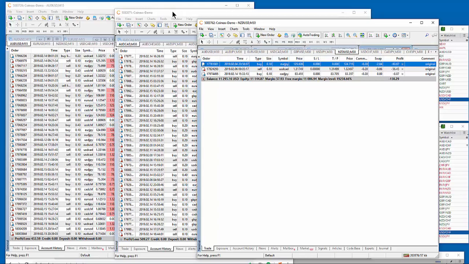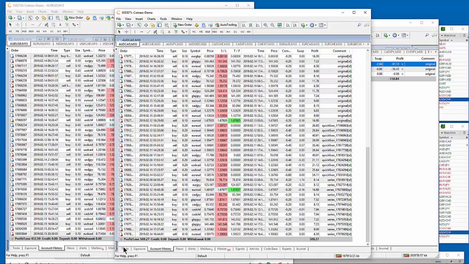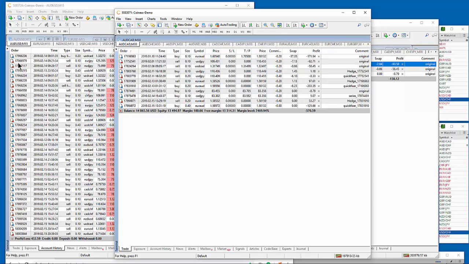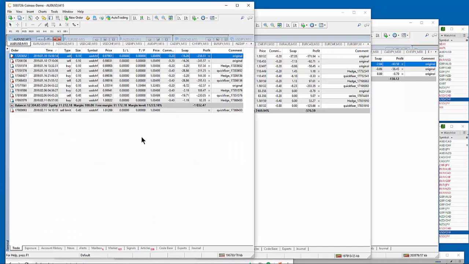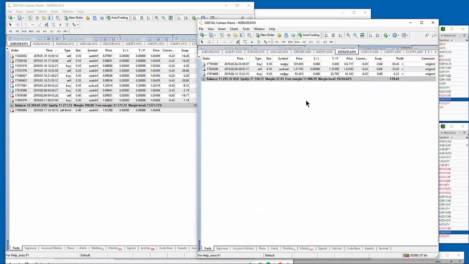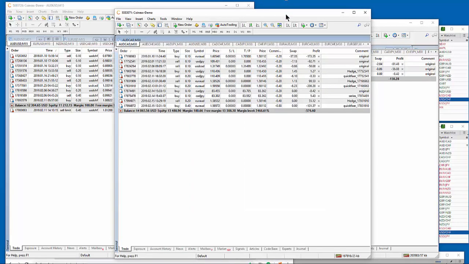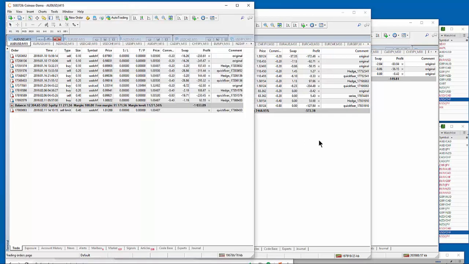Now it's actually getting to that time where all of a sudden the negative PLs are looking a lot worse in the last few minutes than they looked when I started this video, because we're 8 minutes away from the end of the trading day, and the spreads are starting to spread, right?